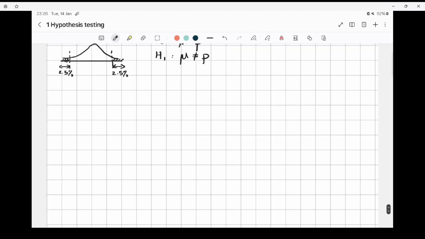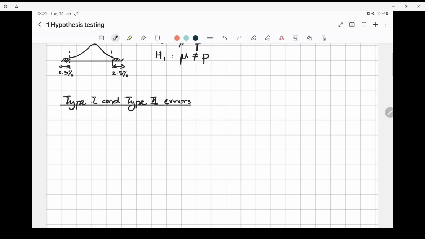The final section of this particular chapter teaches about the type 1 and type 2 errors. Because the whole hypothesis testing is just a statistical test, there are probability, there are chances that you might accept the wrong hypothesis or reject the correct hypothesis.